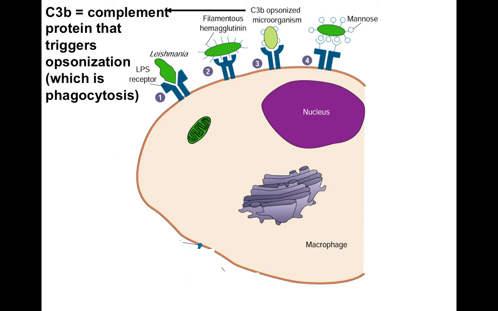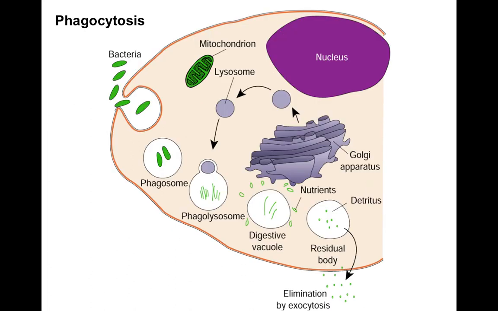For gram-negative bacteria, either complement can undergo the membrane attack complex and make holes in the bacterial membrane, leading to bacterial death, or the complement can also induce opsonization, which is enhanced phagocytosis of the gram-negative bacteria.